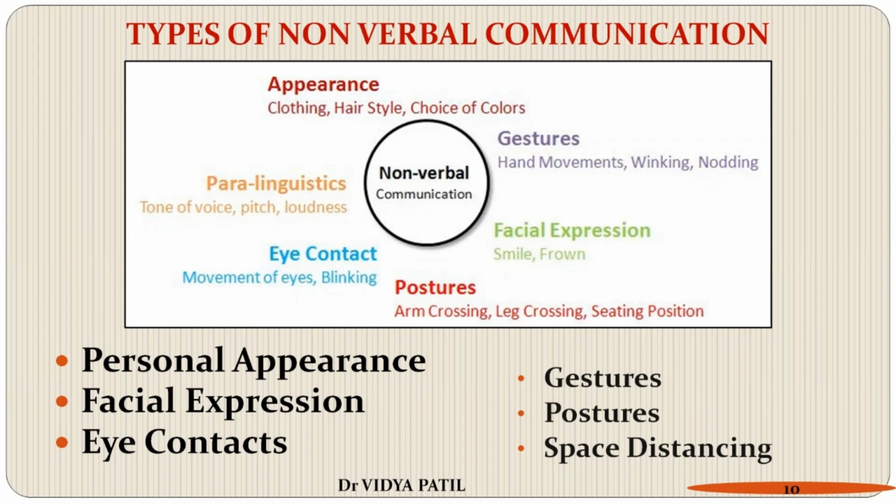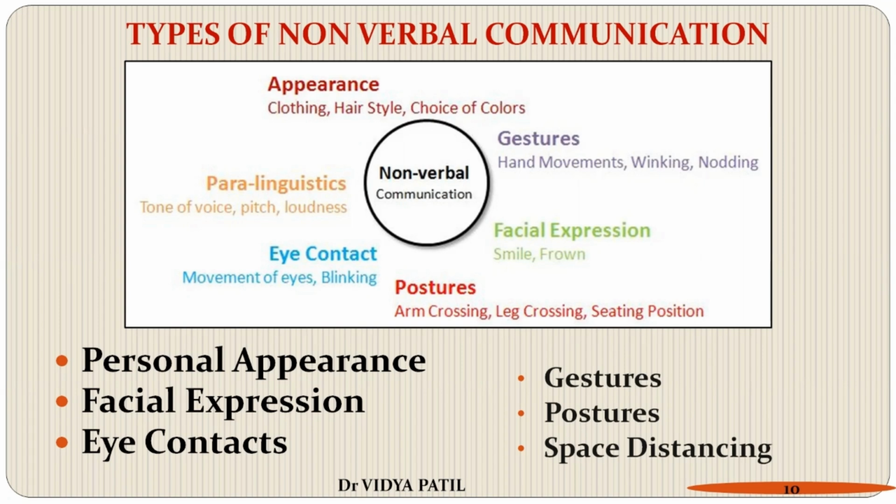Gestures are hand movements or winking or nodding. Postures involves arm crossing, leg crossing, seating position. So generally the way you sit or walk. Space distancing refers to the distance which you maintain with the speaker while you are communicating with him or her.